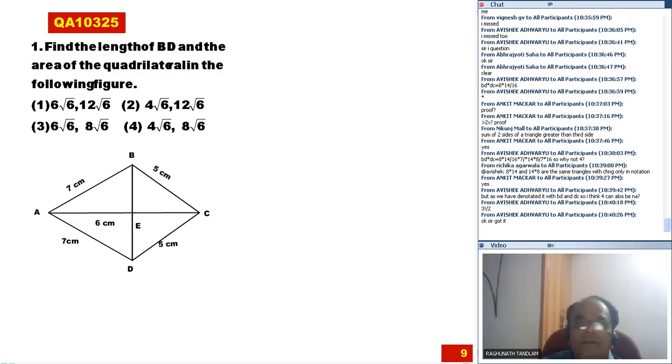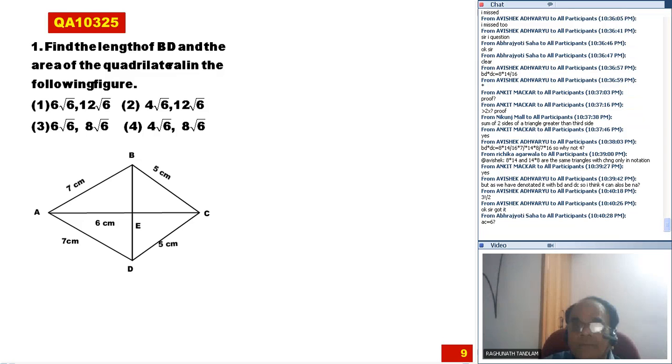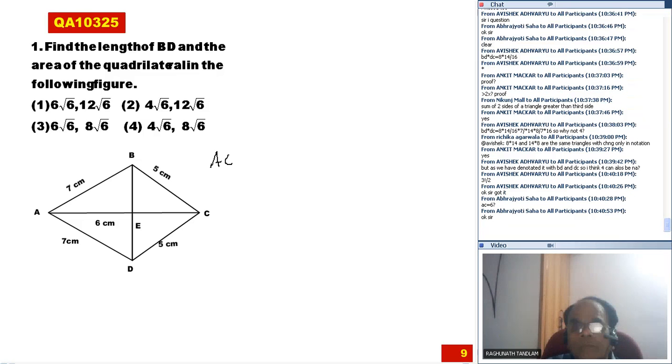Right, do this question. Find the length of BD and the area of the quadrilateral in the following figure. We'll do it faster. See, AB is 7, BC is 5, AD is 7, CD is 5, AC is 6.